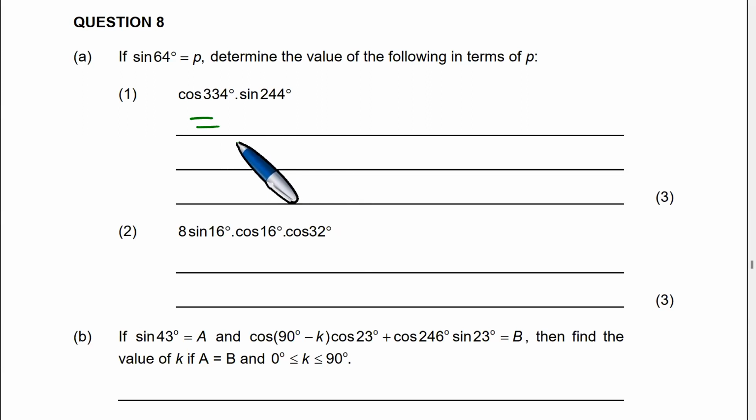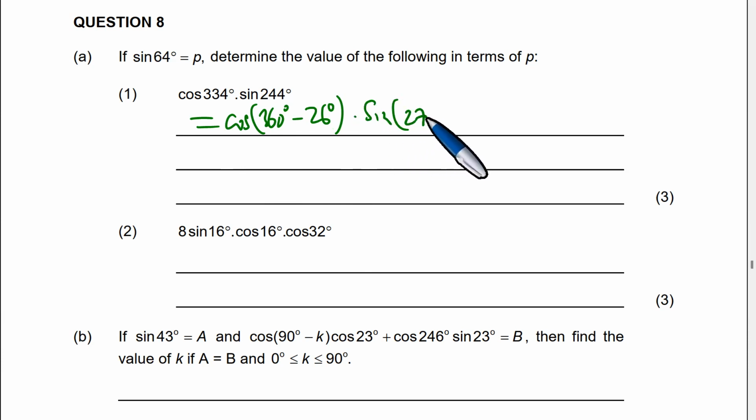Cosine 334. 360 minus 26, or 270 minus 26. 360 minus that is in the fourth quadrant where the cosine is positive: cosine 26.